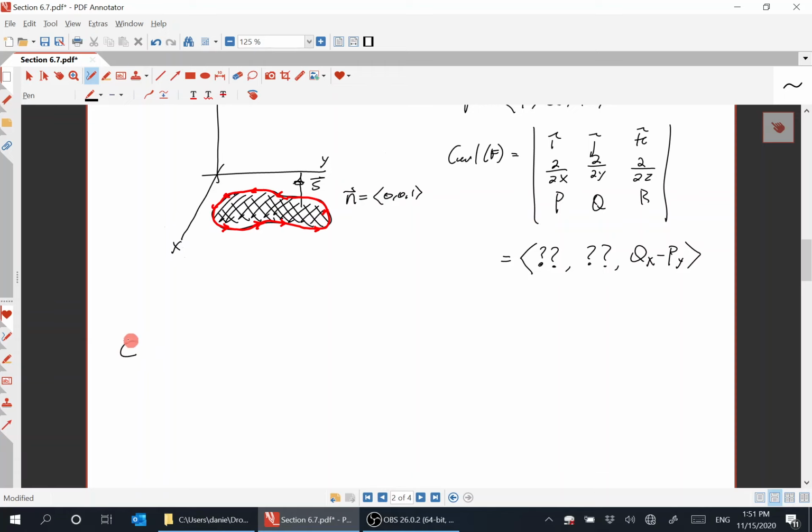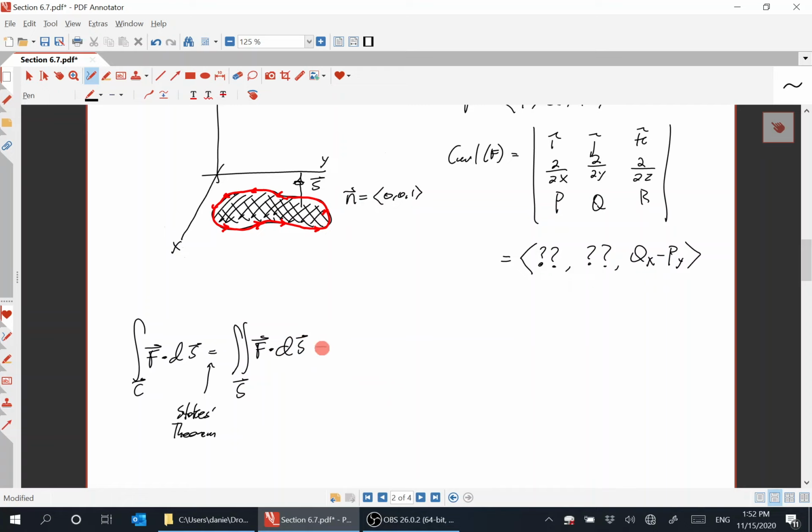So the line integral on C of f dot ds is equal to, by Stokes' theorem, the surface integral on S of, not f, I'm sorry, curl of f dot ds.